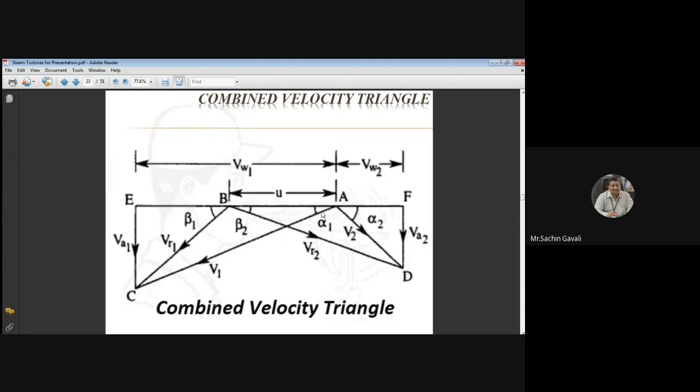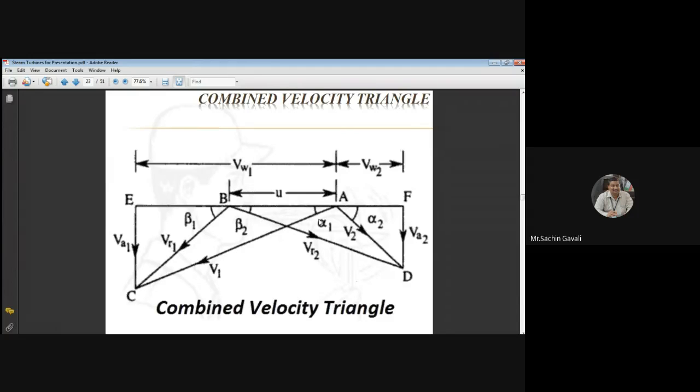So AB represents U, then AC is equal to V1. Now we have to draw this diagram graphically. Whatever the magnitudes of V1 and U are given, we have to decide some scale for that.